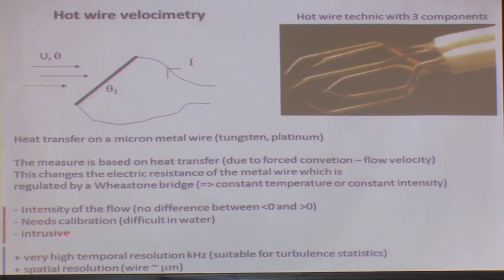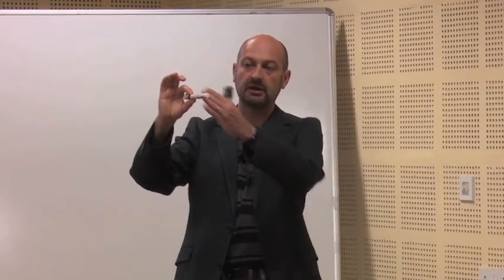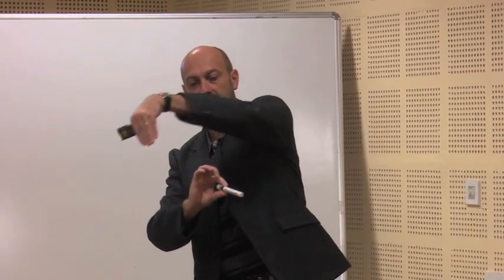So what are the advantages and disadvantages? One of the major disadvantages is that you don't have access to the sign of the velocity. Because when you blow onto that metallic wire, it could be like this, like this, like this.